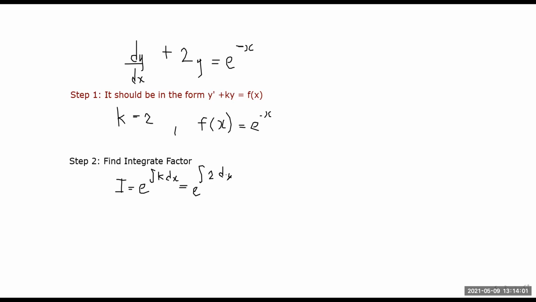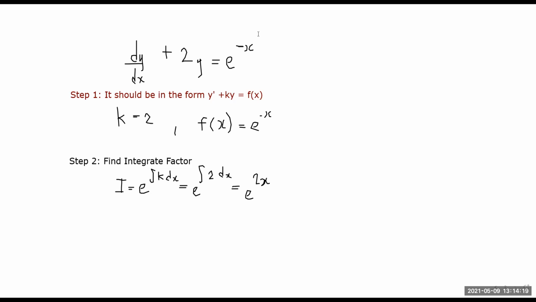When we integrate 2, we get 2x, so the integrating factor is e to the 2x, right? When you integrate 2, you get 2x. Yes, sir. So that's the integrating factor.